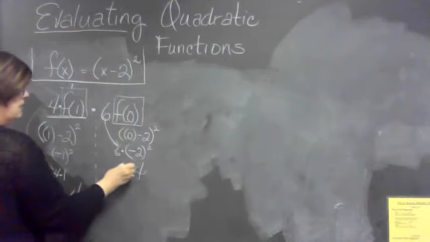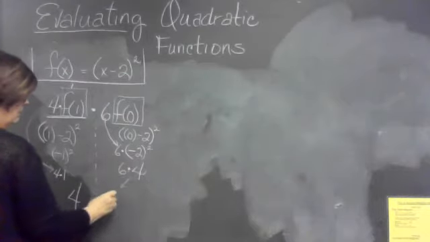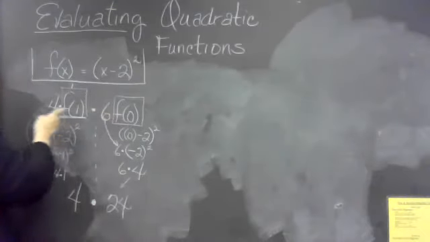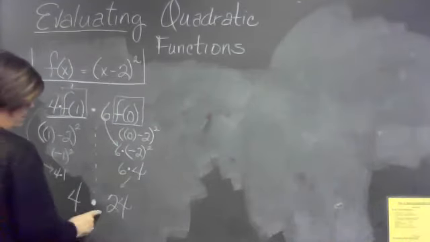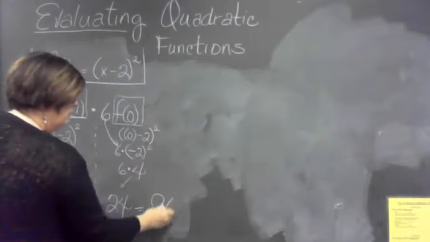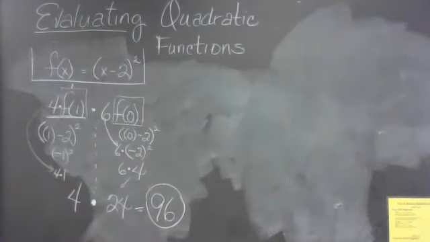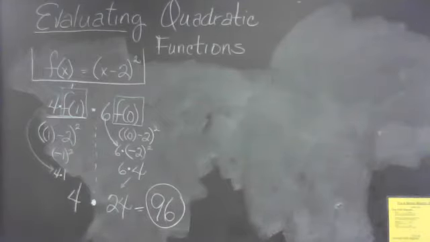So there is a 6 times the answer I got. So now I have 24 for this piece. And now I take 4 times 24, and my answer to this problem should be 96. I'm making sure. Yes, I want to make sure I didn't do anything wrong.